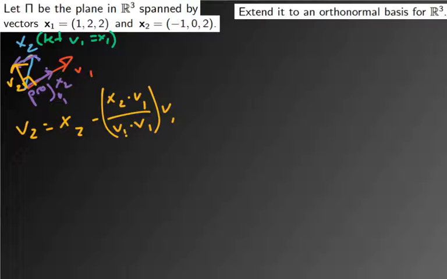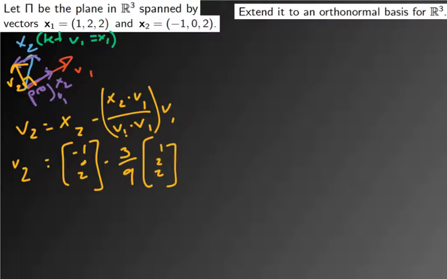A lot of this is pretty straightforward computation. You've got -1, 0, 2 as x2, minus, if you do that dot product out, 3/9 times 1, 2, 2. If you do all that out, you will get -4/3, -2/3, and 4/3.